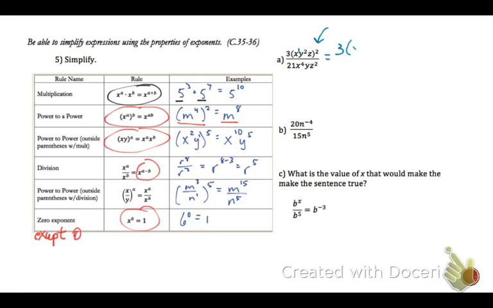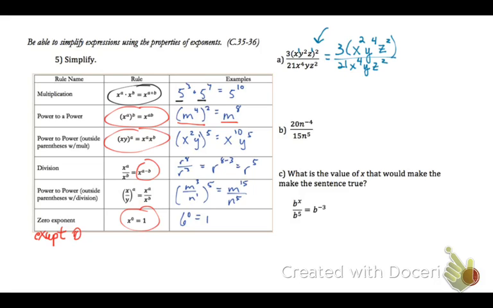When I raise a power to a power, I multiply my powers. So 1 times 2 is 2. 2 times 2 is 4. My z is also to the first power. 1 times 2 is 2. And then I have 21 x to the fourth, y, z to the second.